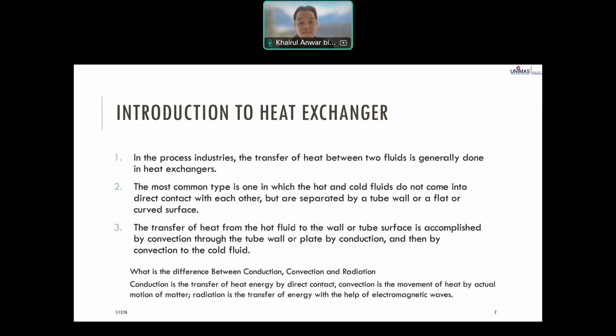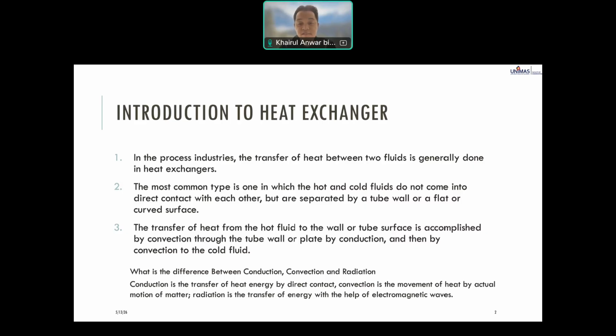So the difference between conduction, convection, and radiation. Conduction occurs when the transfer of heat is by direct contact, in this case within the wall or the tube wall.